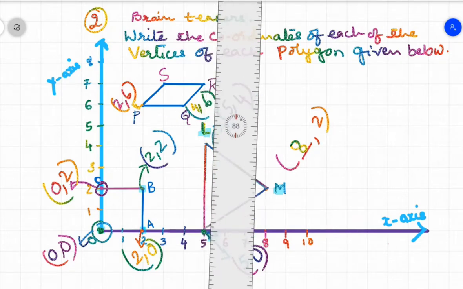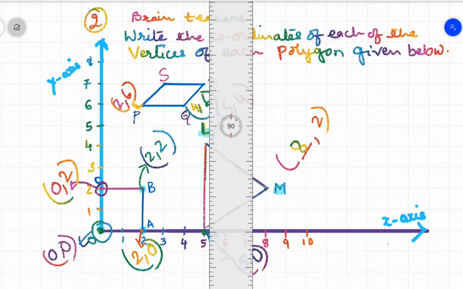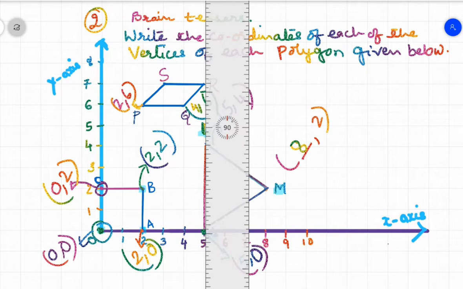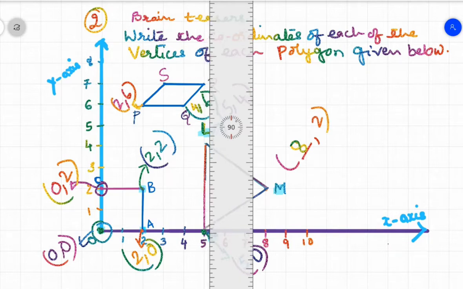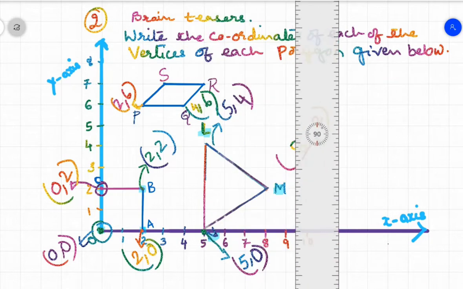Children, you can easily see here the scale has moved, so it is not perfect. Okay, now see, it is equal to 5. So R is nothing but 5, 7. It is equal to 5 comma 7.